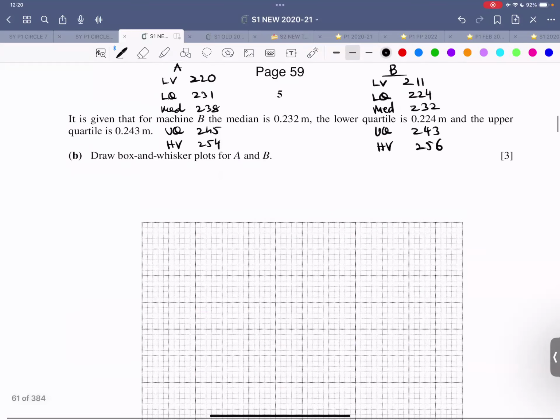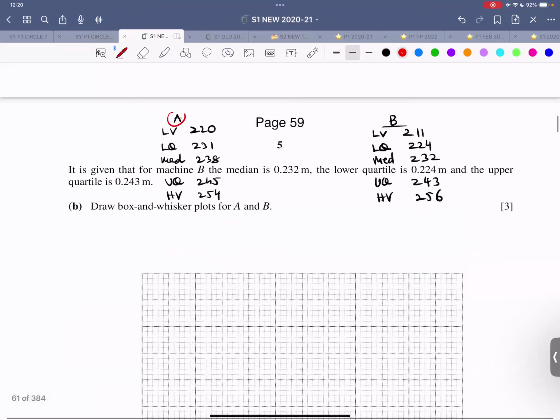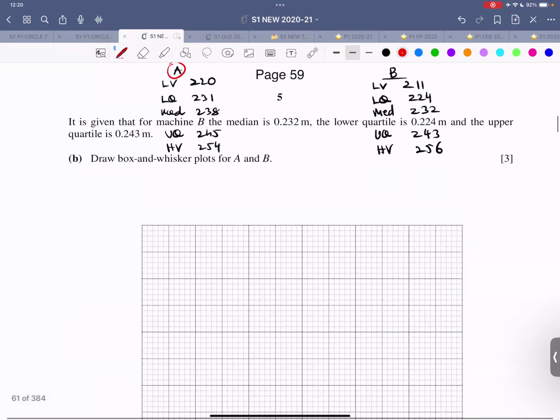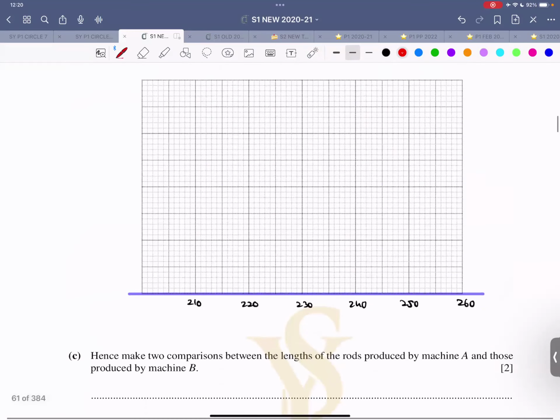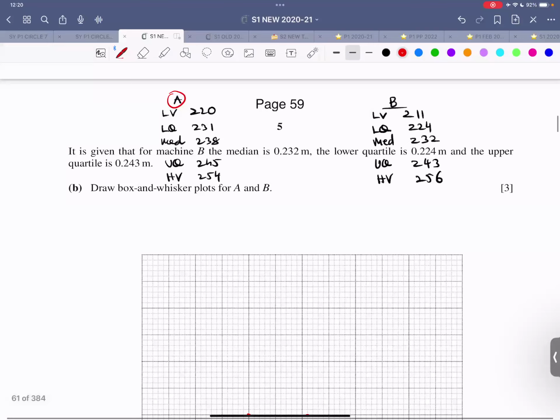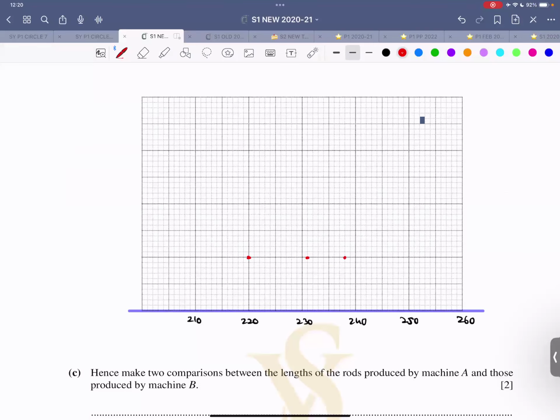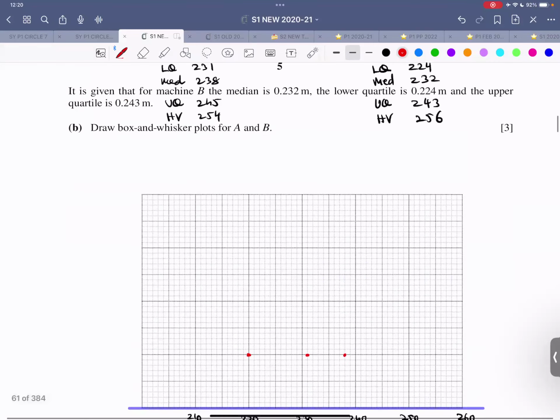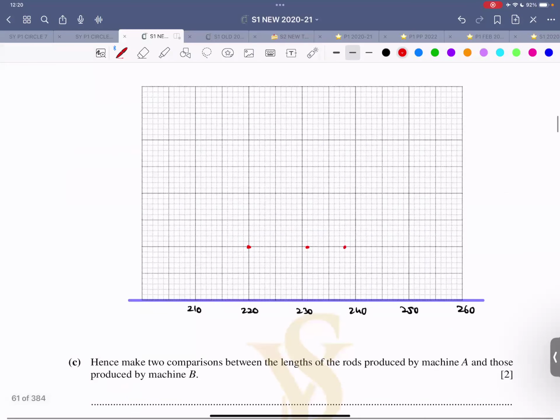And for A, let me draw it in red color. So 220, 231, 238 is over here, and then 245, 254.